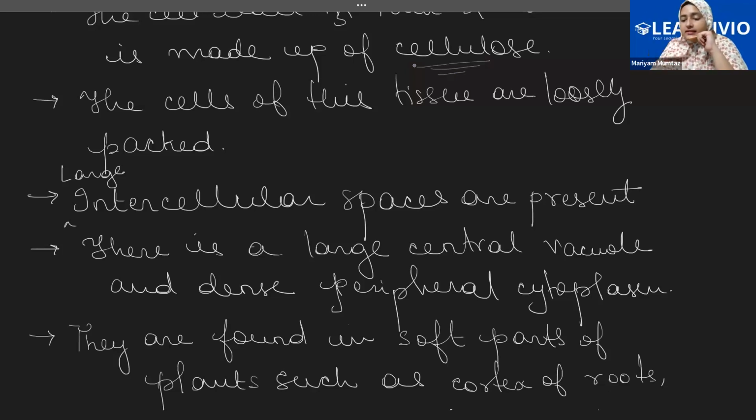Ma'am, is the shape of the cell fixed or not fixed? In the case of parenchyma, it is not fixed. In any cell case, that depends from cell to cell and also from organism to organism.